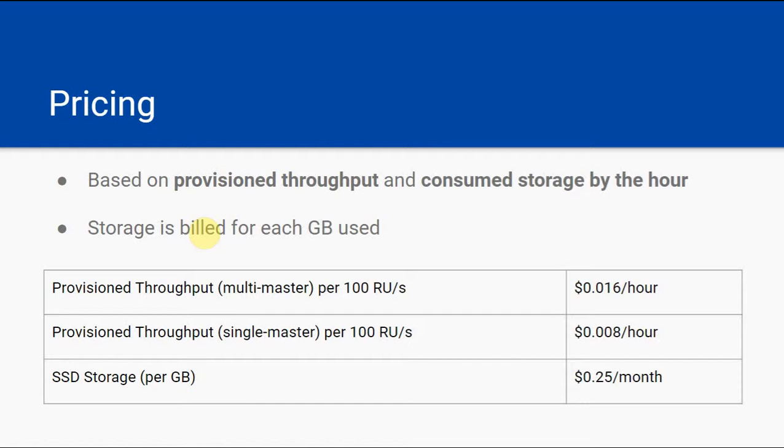If you are using a multi-master solution for 100 request units per second, that will be the rate per hour, and it will be half that for the single master. And if you are using the SSD storage per GB for 1 month, that will be the amount. Just some figures. Okay, so I think we can quickly move to a demo.